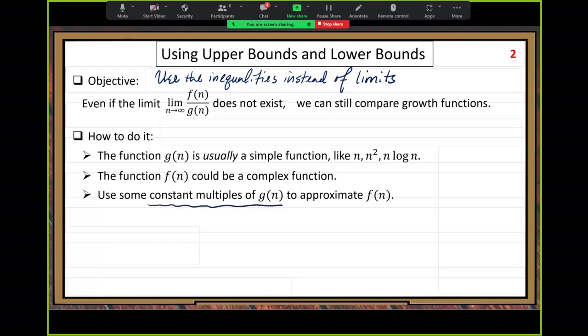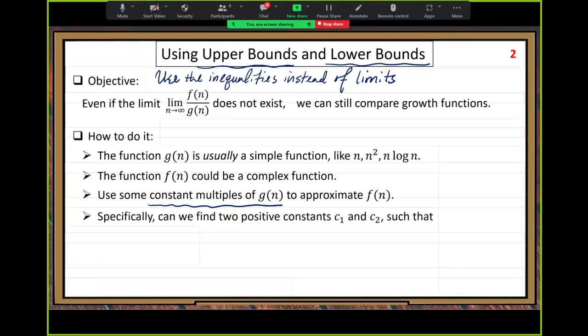How do we estimate the f function? We use constant multiples of g to bound the f function: an upper bound and a lower bound.